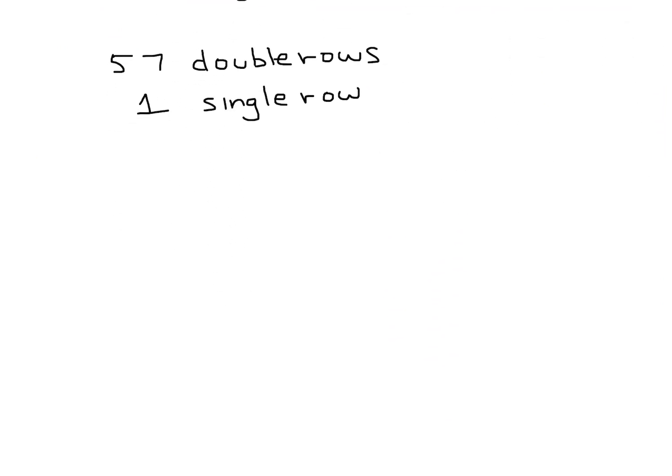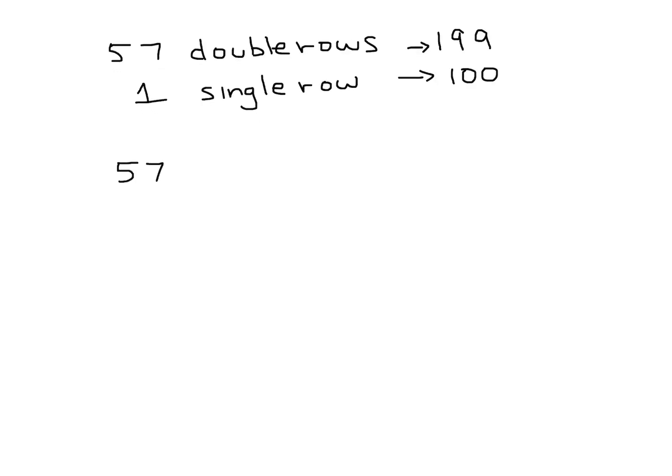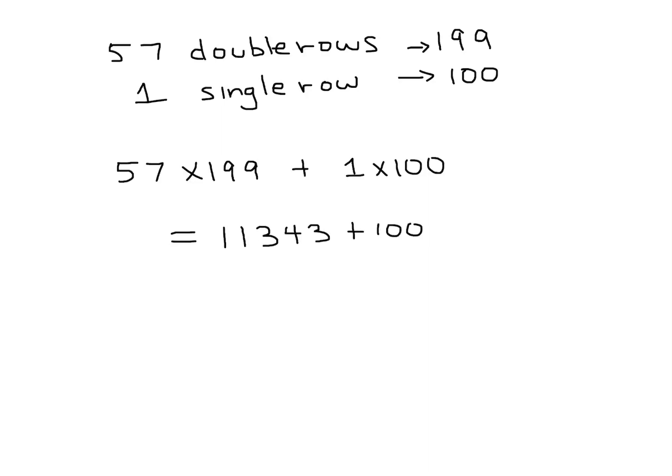So each double row has 199 circles, and a single row has 100. So to figure out the total number of circles, it would be 57 times 199 plus 1 times 100. And this is equal to 11,343 plus 100, which is 11,443.